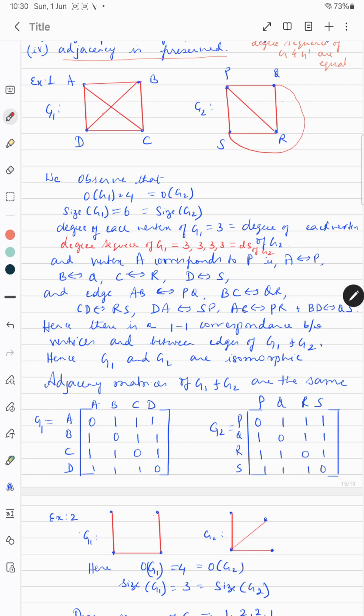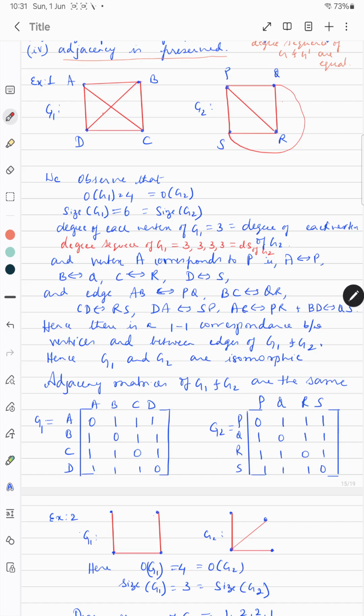Then A is adjacent to the vertices B, D and C. Hence AB is 1, AC is 1, AD is 1, AA, no loop is there, so 0. B is adjacent to A, C, D. So BA is 1, BC is 1, BD is 1, BB, no loop, so 0.